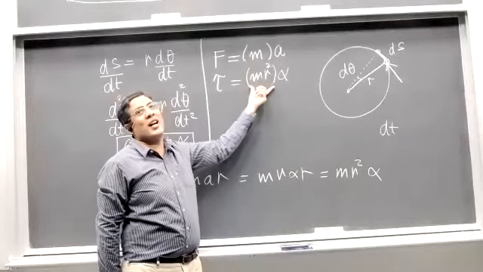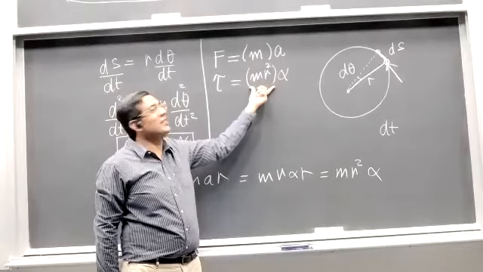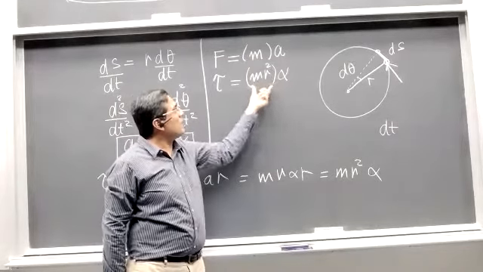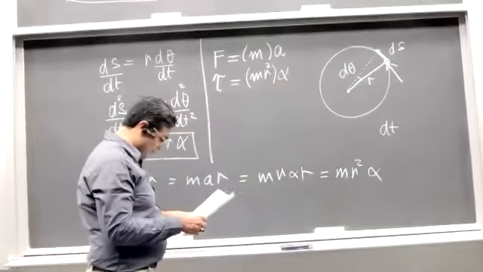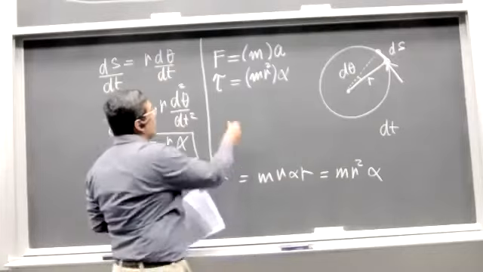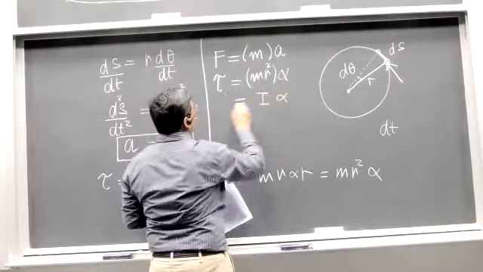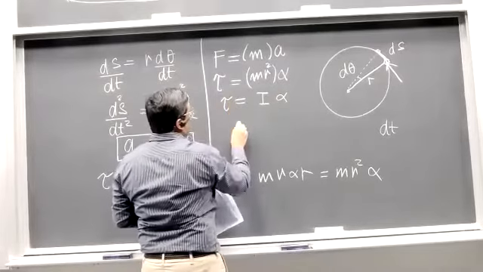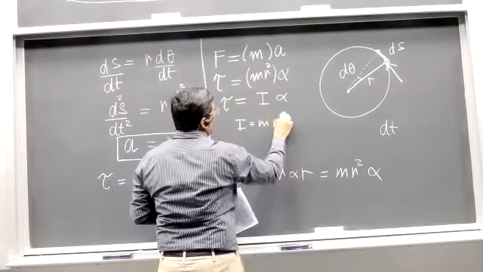This is the measure of rotational inertia of a body, because it's multiplied with the acceleration. And that is why it is called moment of inertia. So we define a new quantity and write the equation tau equals I alpha, where I is m r squared.